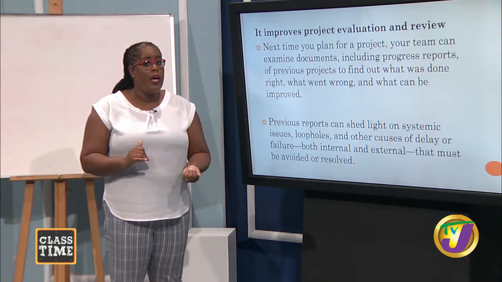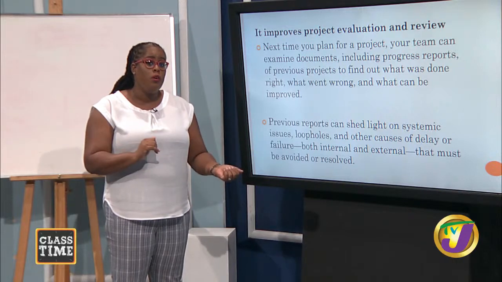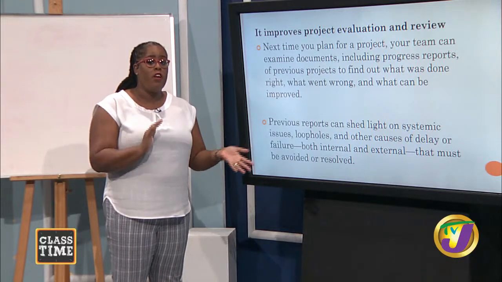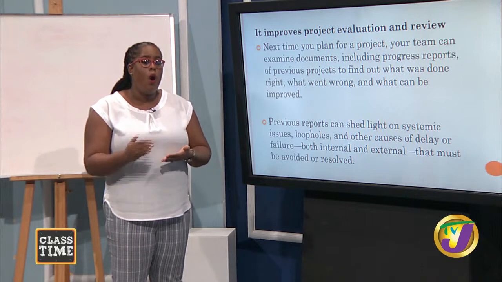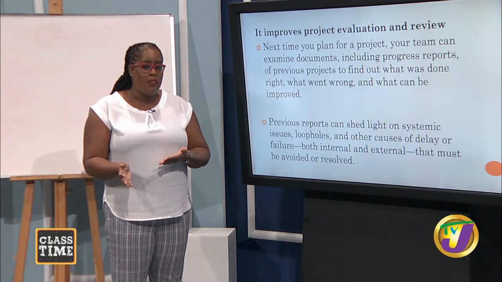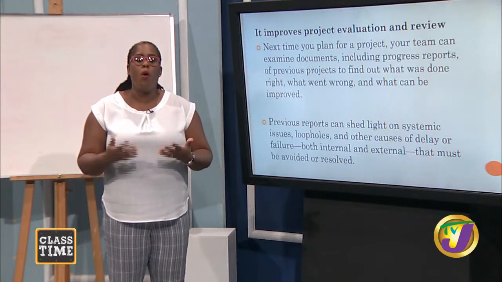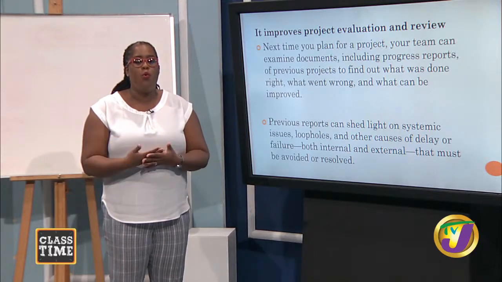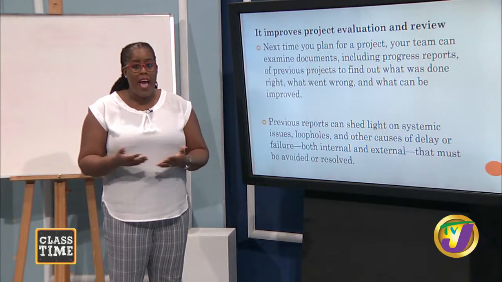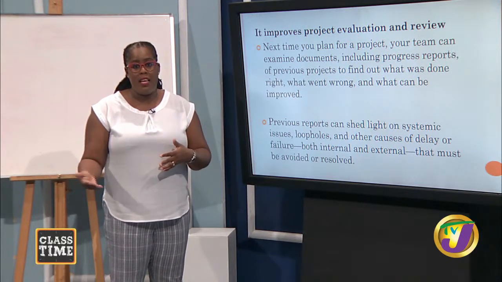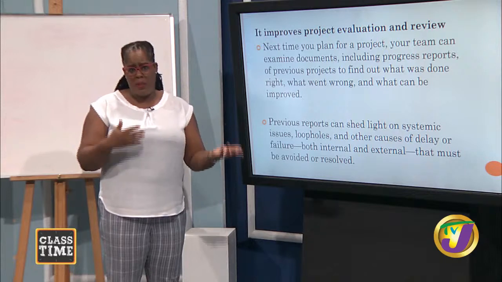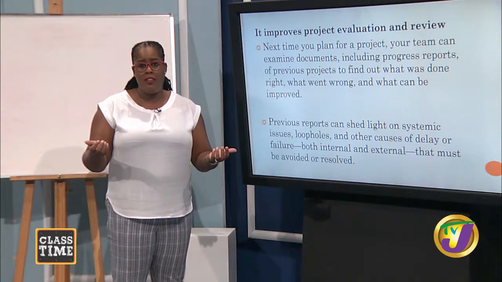What you can do is revert to your progress report for the first project to see all the things that you did right, all the things that you did wrong, right? And what were the things or the areas that could have been improved, right? So that you will not make the same mistakes in the upcoming project. So we see how important a progress report is?